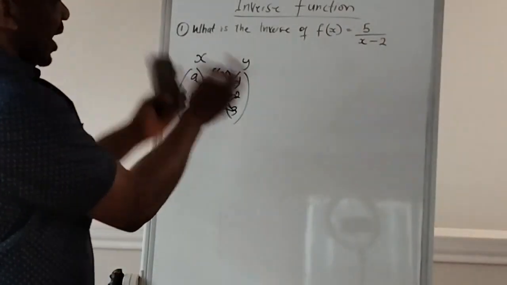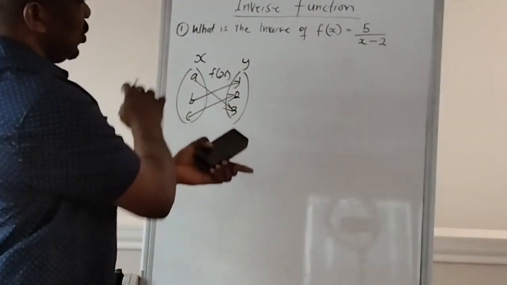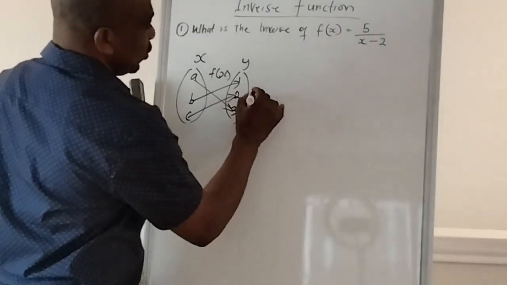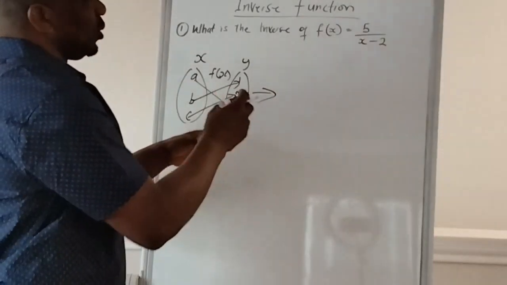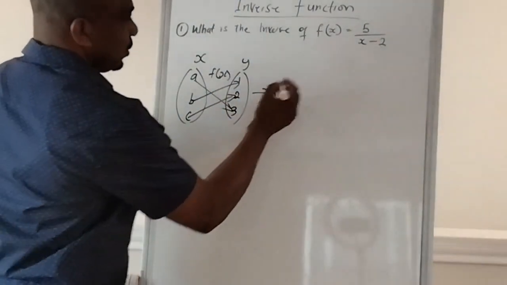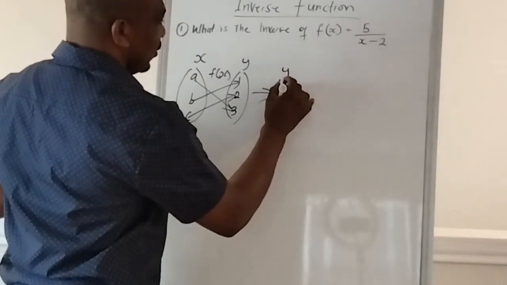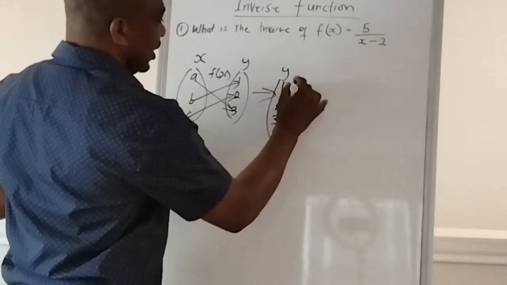So I'm going to switch x and y to get my inverse function. My range, which is y, 1, 2, and 3, comes here.